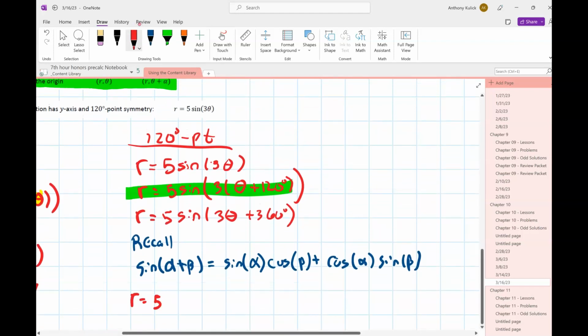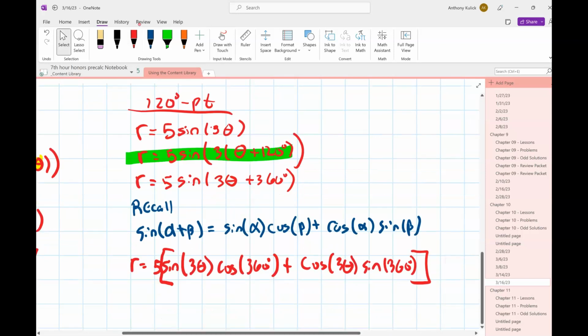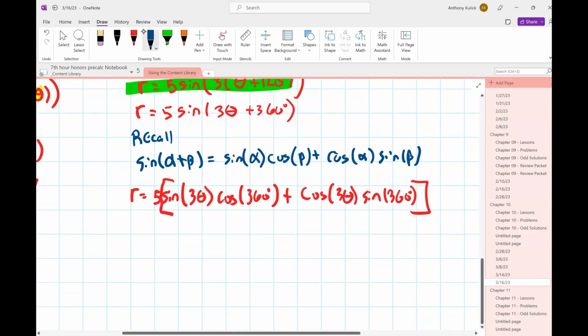Okay, so let's do that. So I have sine 3 theta cosine 360 plus cosine 3 theta sine 360. Now, I notice here that cosine 360 and sine 360, that's just a number, right?